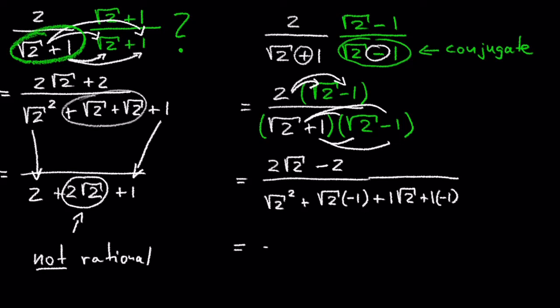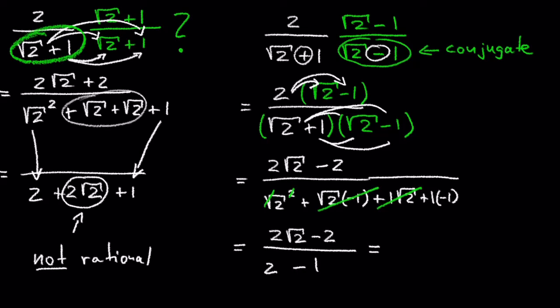The numerator stays the same. The square root of 2 times the square root of 2 is 2. Minus the square root of 2 plus the square root of 2 is 0. And 1 times -1 is -1.